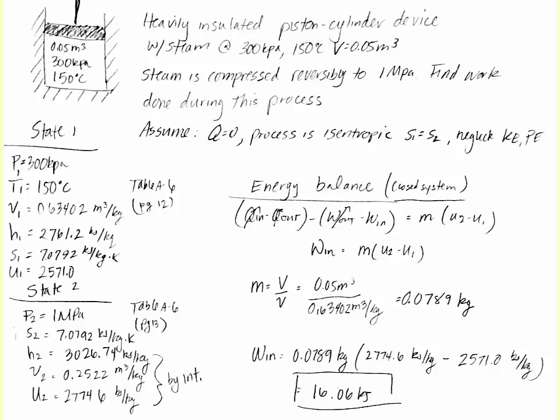What enthalpy does is it moves the flow work from this side of the equation for an open system to the other side of the equation. So you have a U plus a PV term, which we then group as H. For a closed system, there's no mass flow, so there's no flow work. So we use internal energy for a closed system. For an open system, we use H.